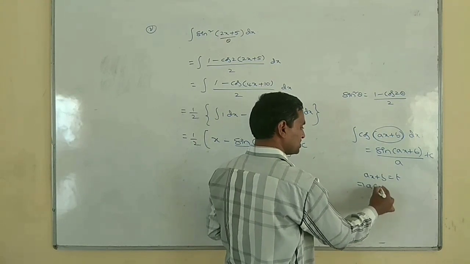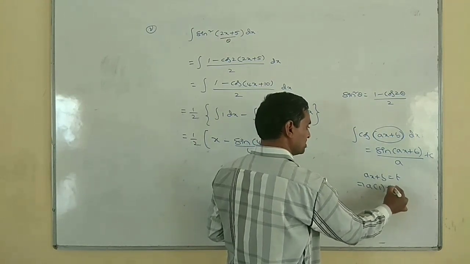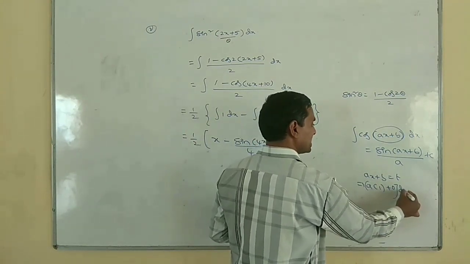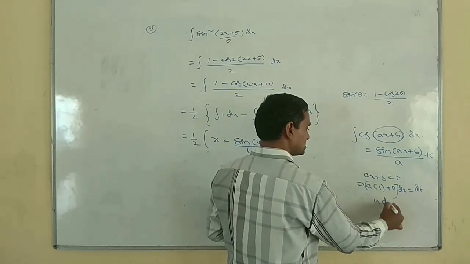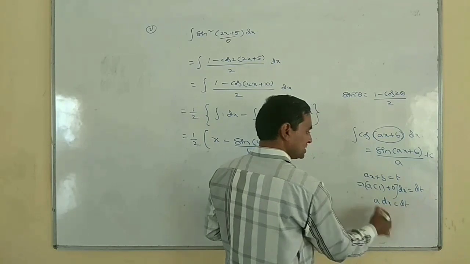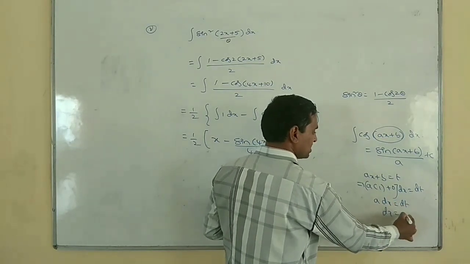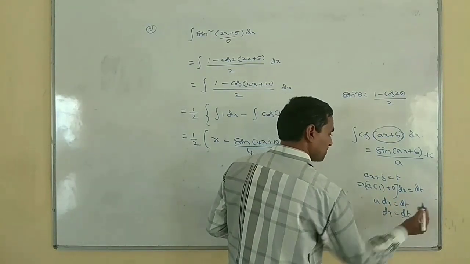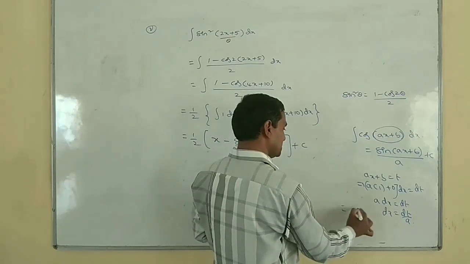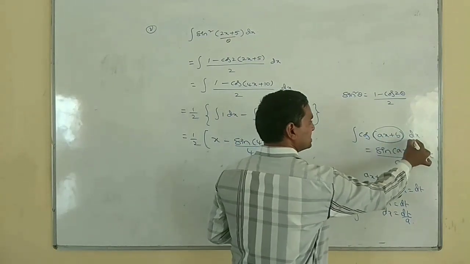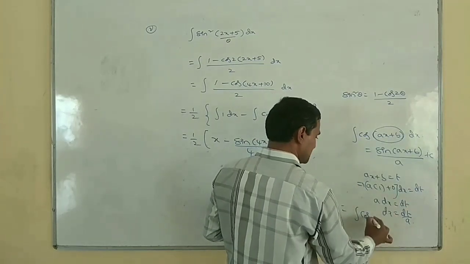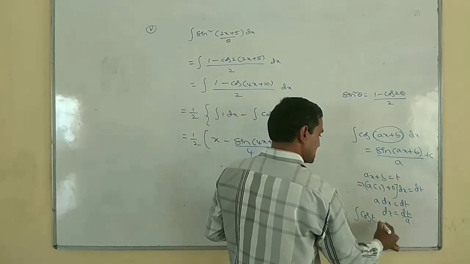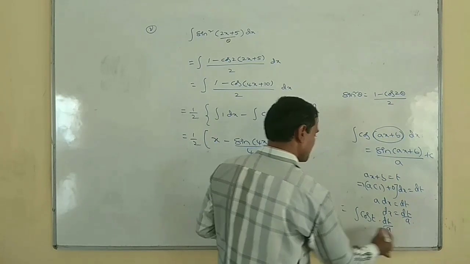Differentiating, a into 1, b is 0 as a constant, so a dx equals dt. Shifting a to that side, dx equals dt by a. So this is integration of cos t, with dx as dt by a.